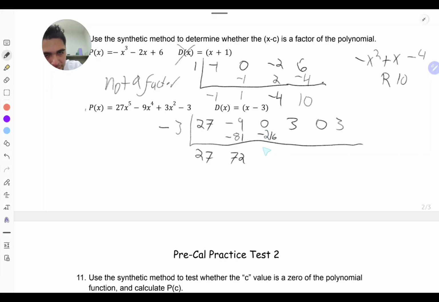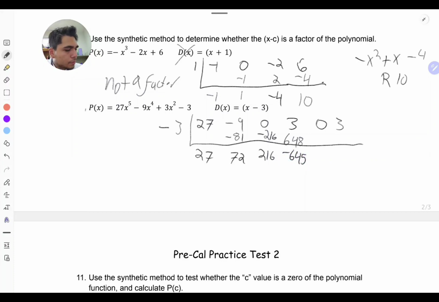0 minus negative 216 is just 216. So 216 times negative 3 is negative 648. Okay, continuing forward, 3 minus negative 648 is just equal to 651.